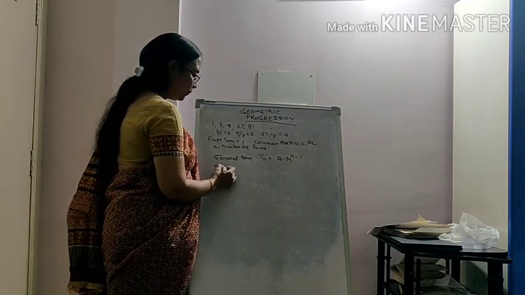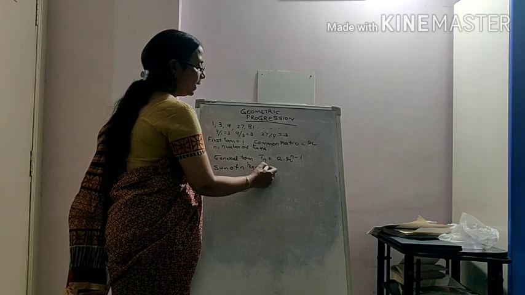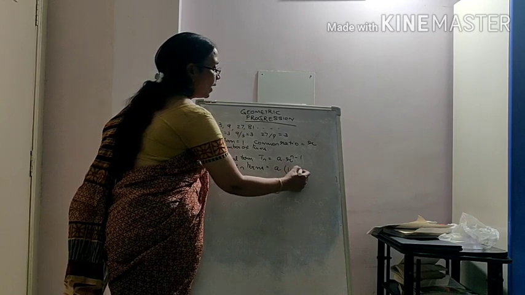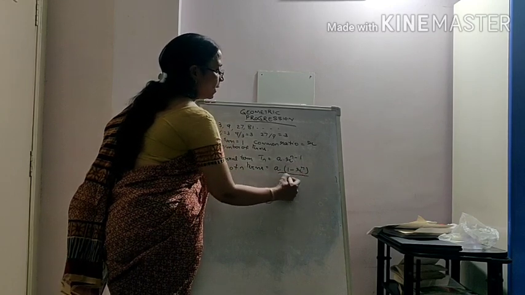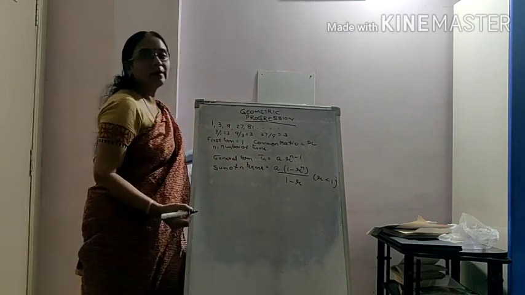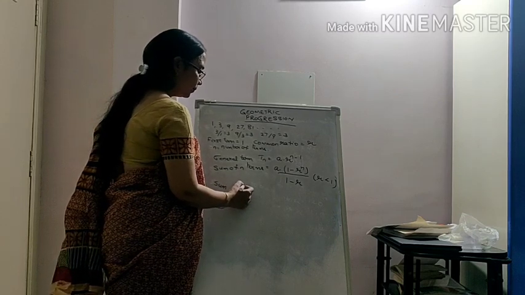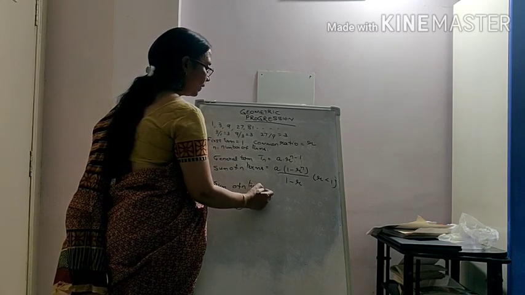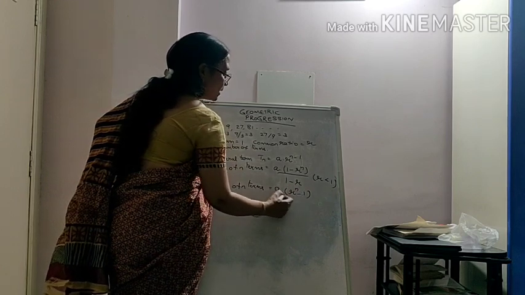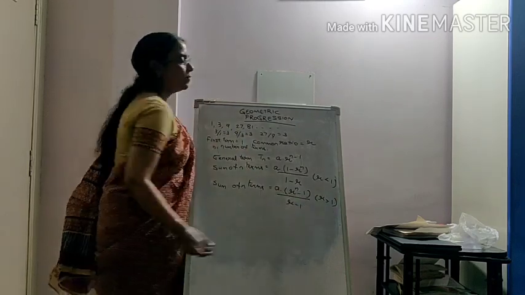And the sum of n terms is given by a into 1 minus r to the power of n upon 1 minus r, if r is less than 1, and a into r to the power of n minus 1 upon r minus 1, when r is greater than 1.